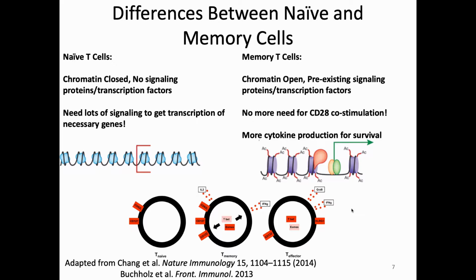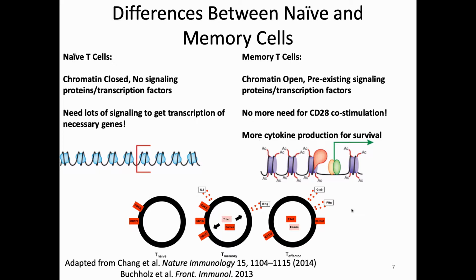If we have a memory cell, the chromatin in these regions is already open. There are, in fact, in some cases, signaling proteins or transcription factors already present in the cell, sitting there waiting to go. And so if this cell gets a signal, it's going to be able to turn on and act very quickly and very strongly because it's not going to be so much of a hassle to get this cell going.